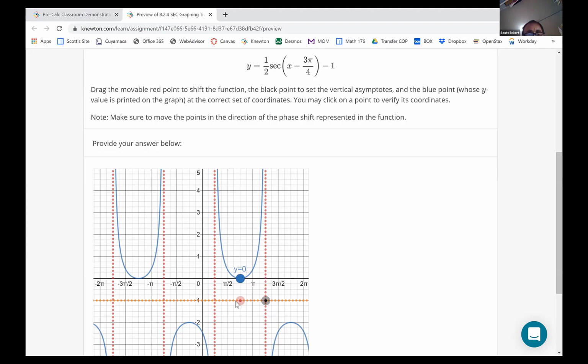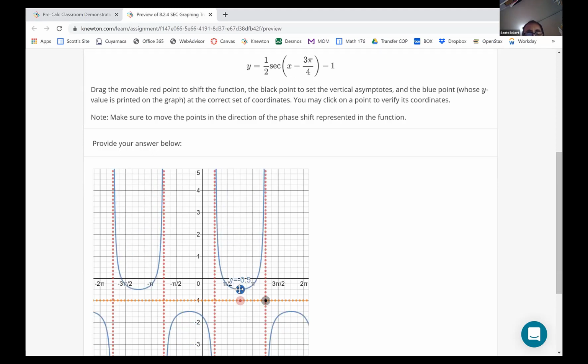So instead of having an amplitude of 1, I can start expanding or shrinking the amplitude. So right there, the amplitude is now half of what it should be. And so we took care of the amplitude, and we took care of the inside horizontal shift and the outside vertical shift.